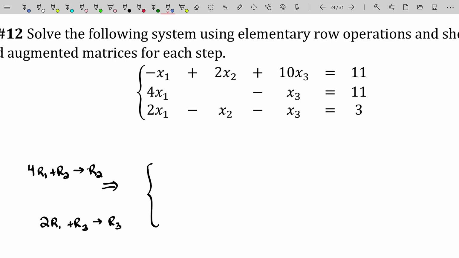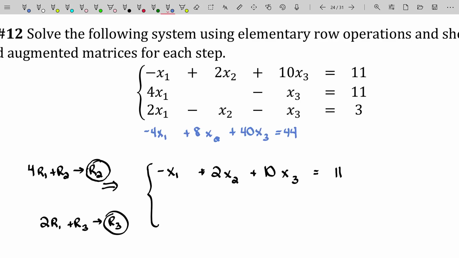In this entire process, by the way, row 1 actually never changes. The only rows that get replaced are rows 2 and 3. I'm going to take 4 times row 1 and add it to row 2 to become the new row 2.